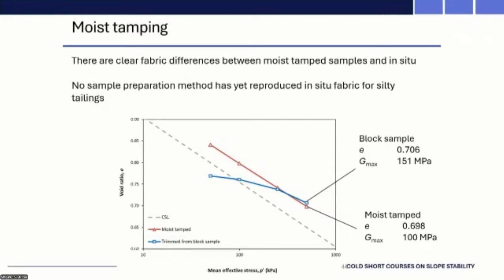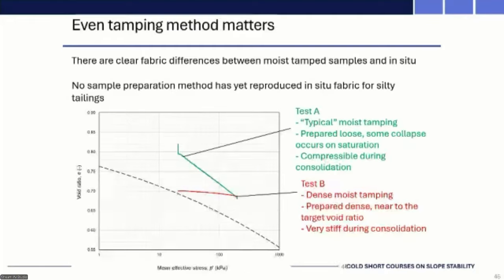Anyway, here we've got samples prepared with moist tamping, and that were trimmed from a block sample. This is one of the sites in Australia, taken to the same starting void ratio, or very, very close. You can see the third decimal place there, but different stiffnesses, even though same void ratio. So sample A was taken with typical moist tamping.